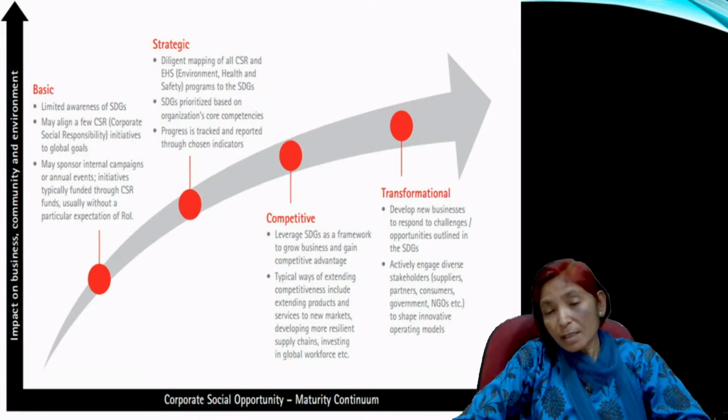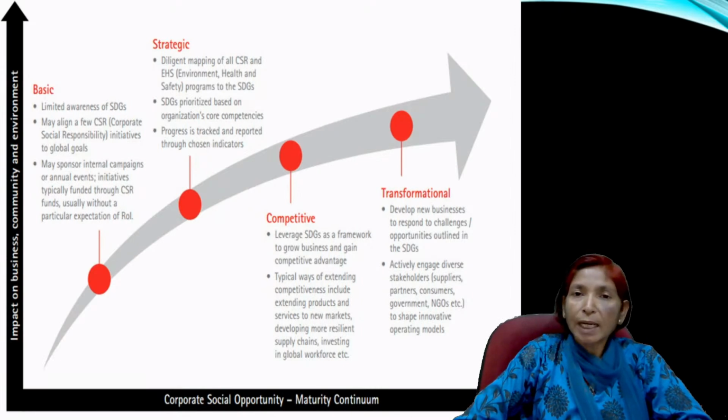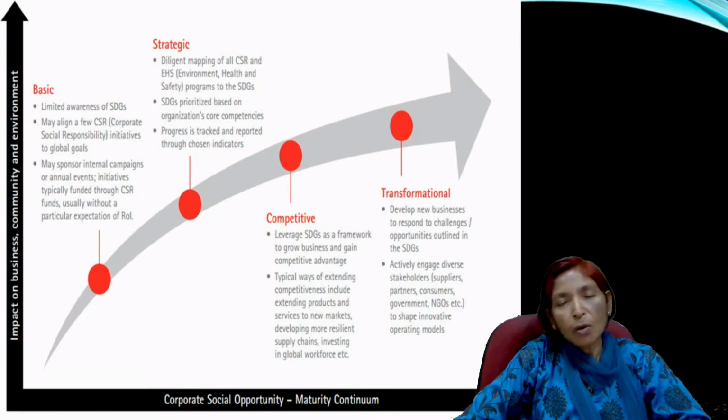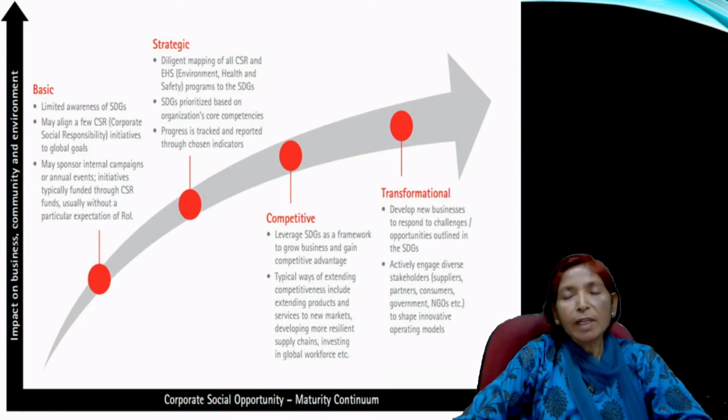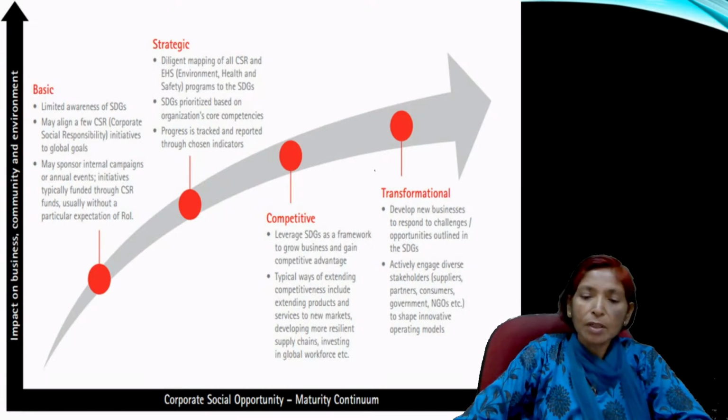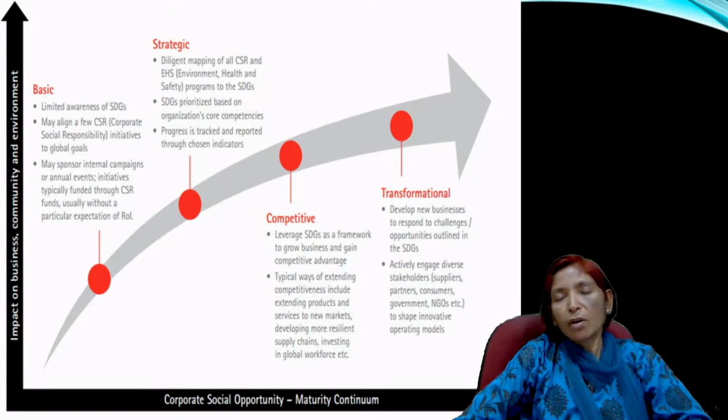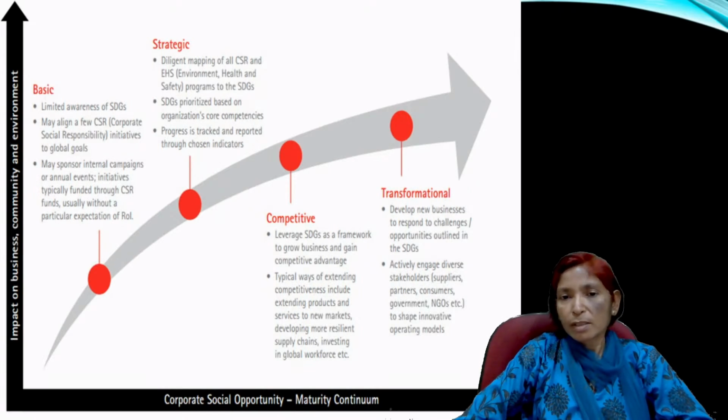So develop new businesses to respond to challenges and opportunities outlined in the Sustainable Development Goals, actively engaging diverse stakeholders like suppliers, partners, customers, government, NGOs, etc., to shape innovative operating models.